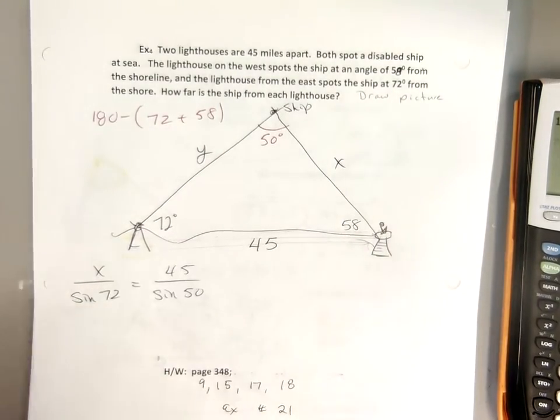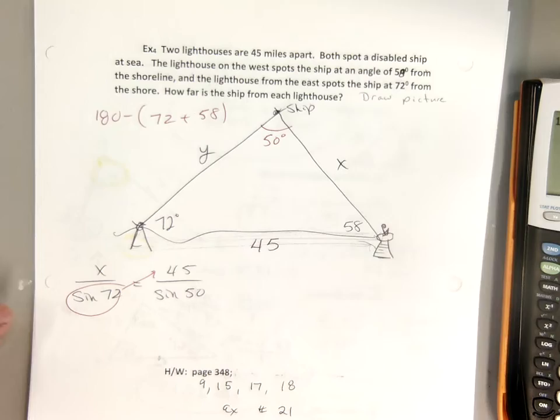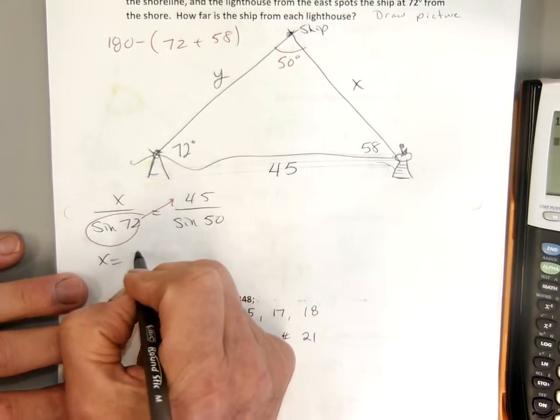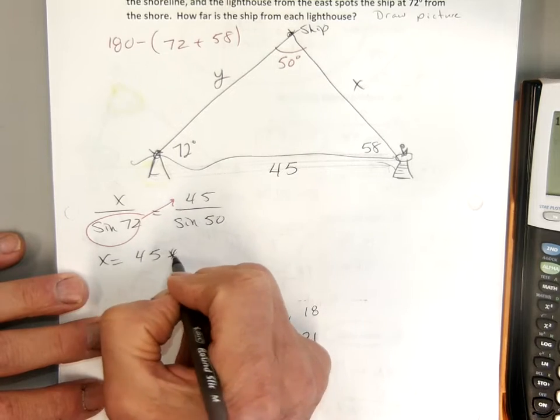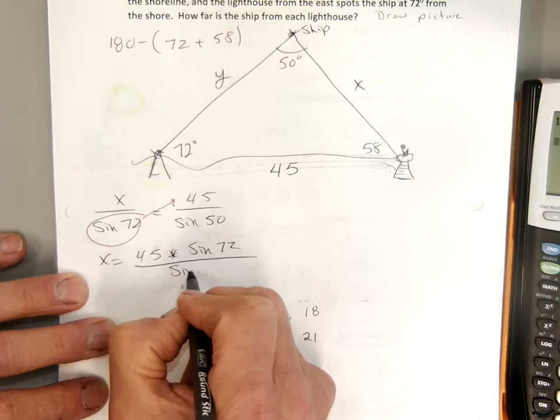Then we're just going to multiply up and solve. I'm going to multiply my sine of 72 up here to solve for it. X is equal to 45 times the sine of 72 divided by the sine of 50.